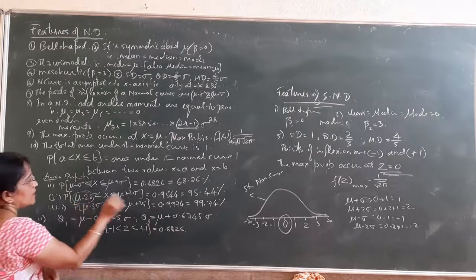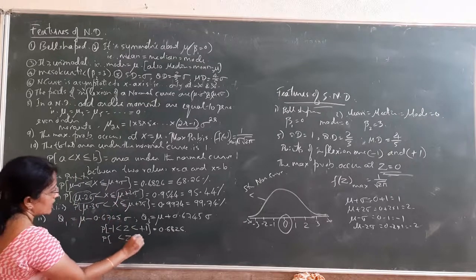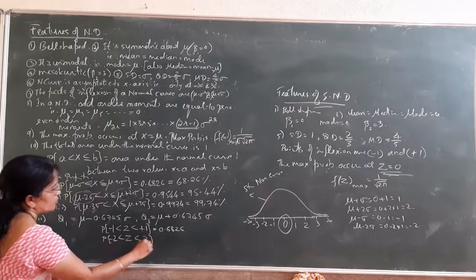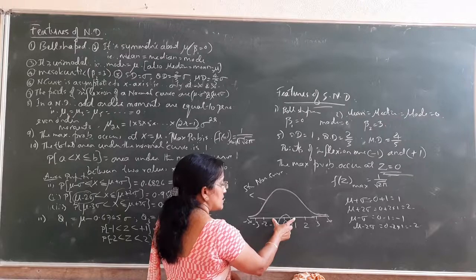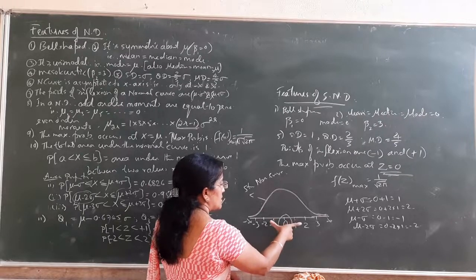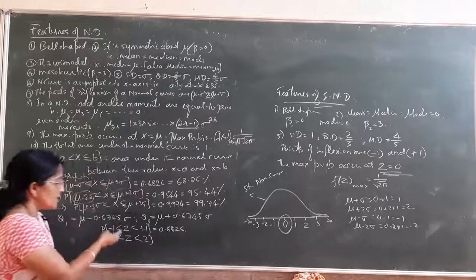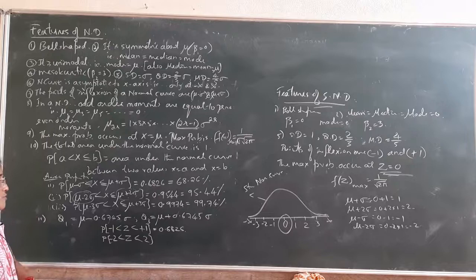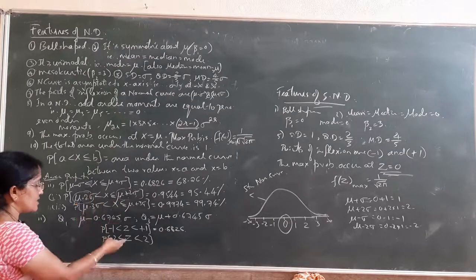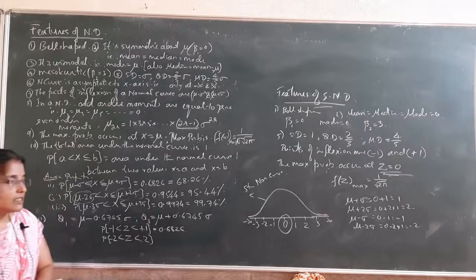In place of those two, I must write probability of z lies between minus 2 and 2. That is, minus 1 and plus 1 first, then 2 sigma limits, 3 sigma limits. The same thing we can write like this in a standard normal distribution. Only the presentation is different. The probabilities remain the same, right?